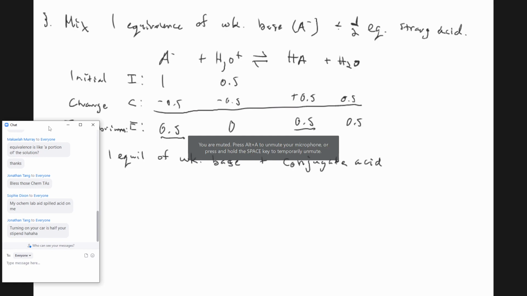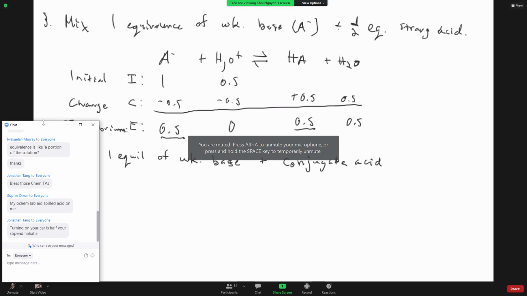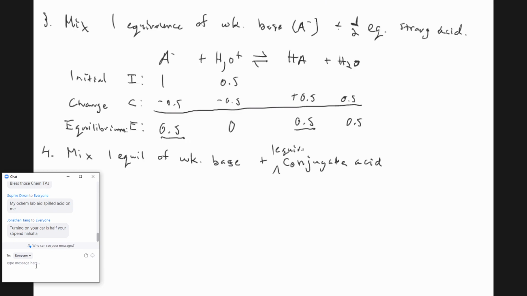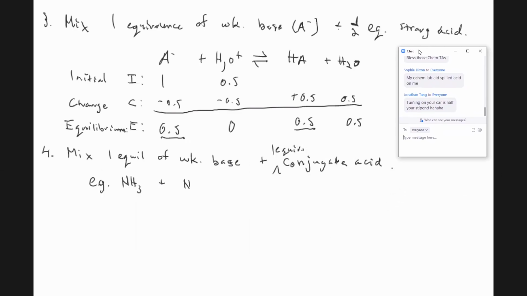It was rough. So mix one equivalence of weak base and one equivalence of its conjugate acid. Okay. Perfect example of this: here's our weak base, ammonia, and then here's your ammonium chloride.